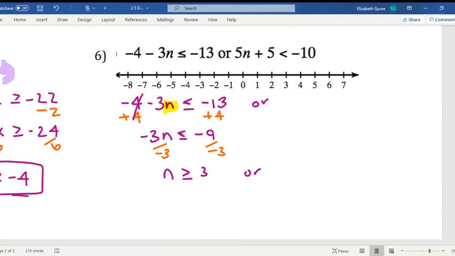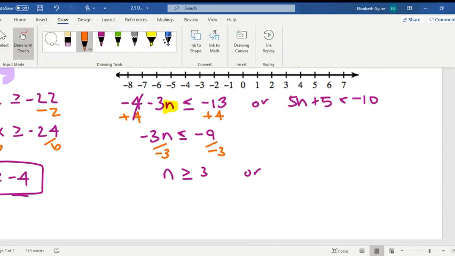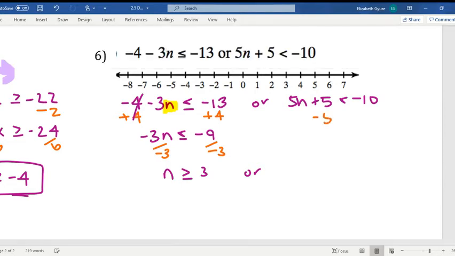And now we are on our other side with 5n plus 5 is less than negative 10. Good. Nick, what would my first step be with 5n plus 5 is less than negative 10? Yeah, subtract the 5.